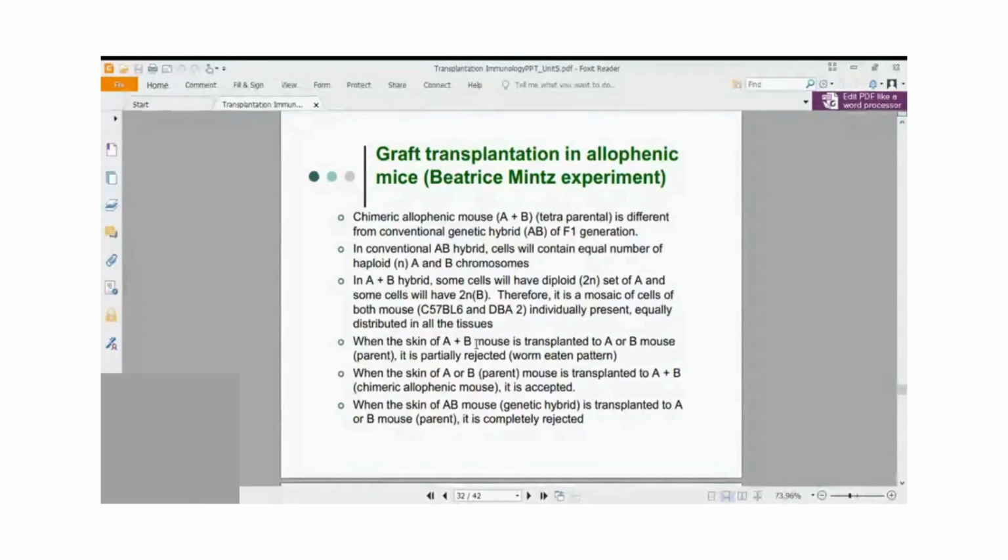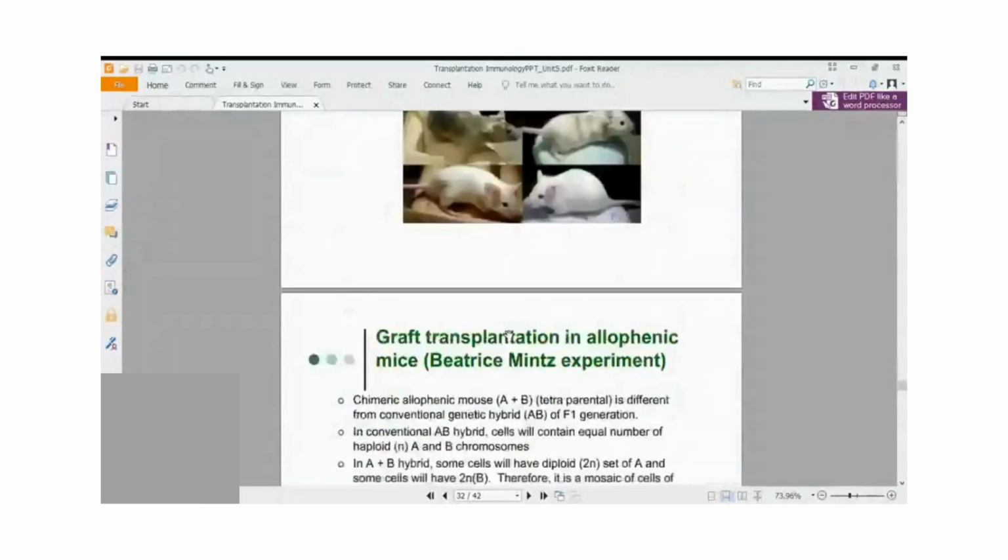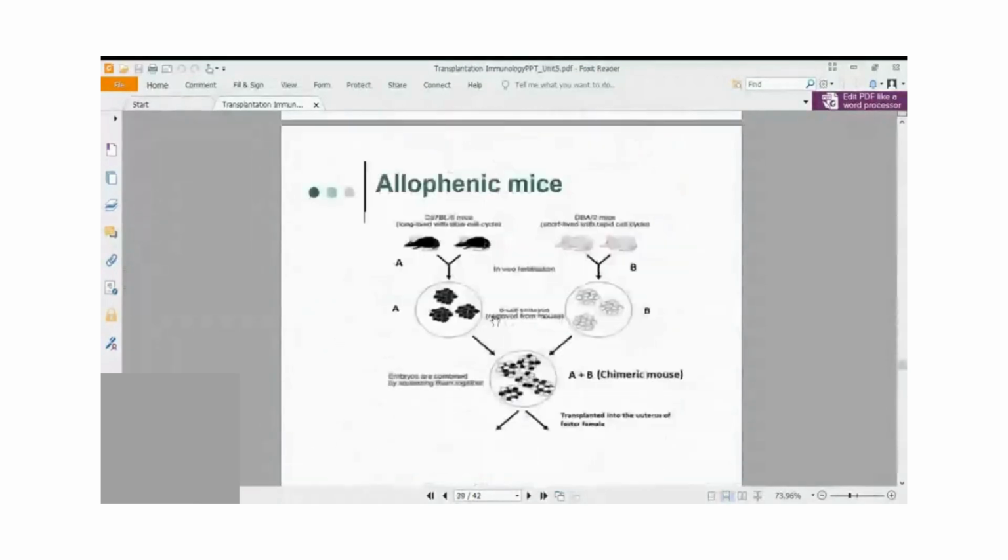Now, on the contrary, if you had produced mice by crossing these two mice, black with albino, you would have got AB.